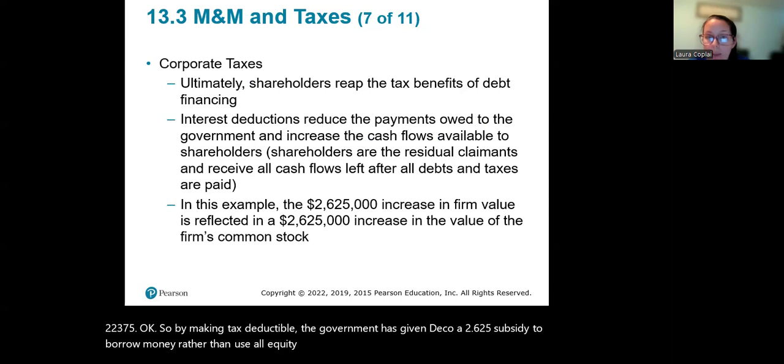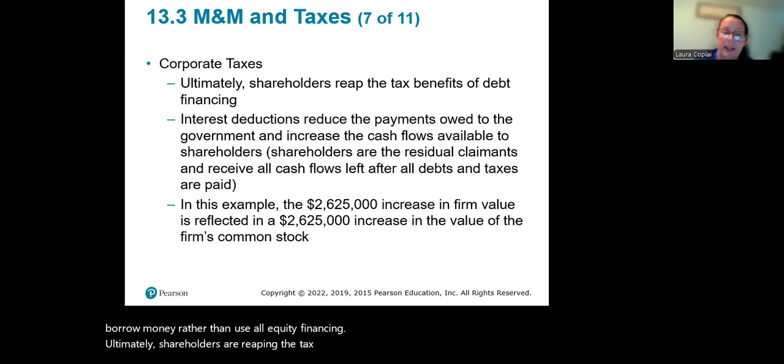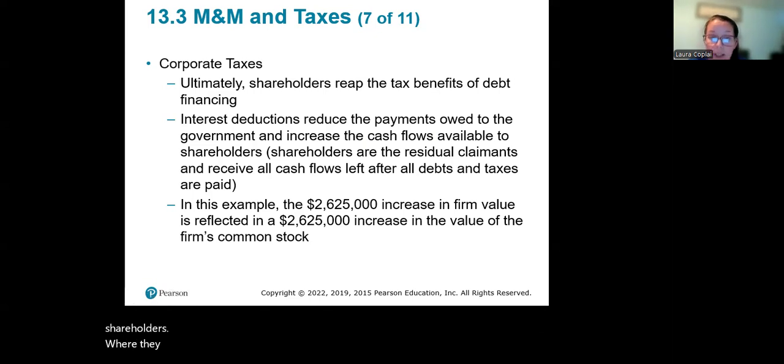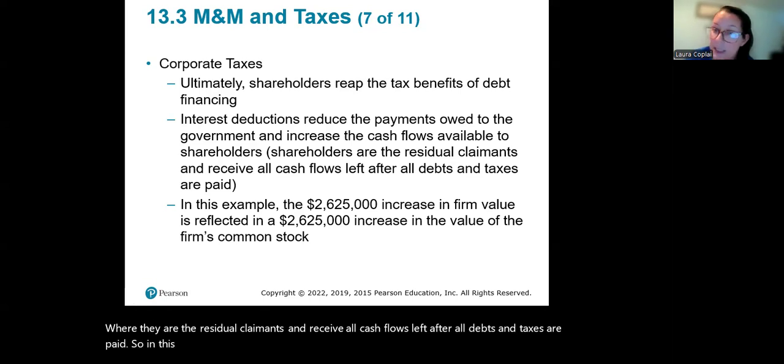Ultimately, shareholders are reaping the tax benefits of debt financing. Interest deductions reduce payments owed to the government and increase the cash flows available to shareholders, who are the residual claimants and receive all cash flows left after all debts and taxes are paid. So in this example, the 2.625 million increase in firm value is reflected in that same increase in the value of the firm's common stock, okay?